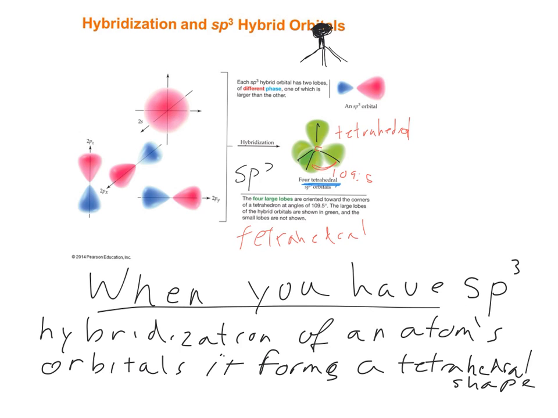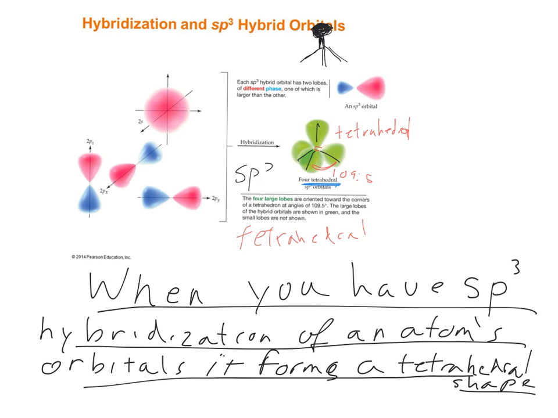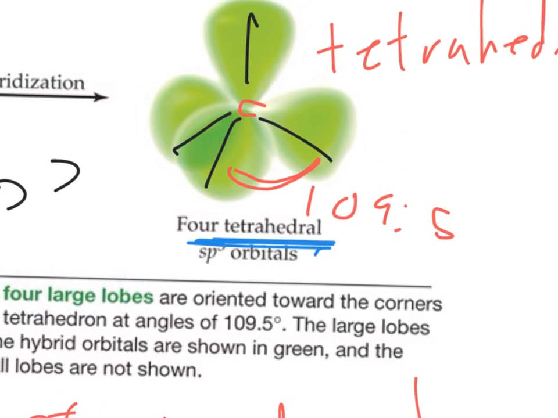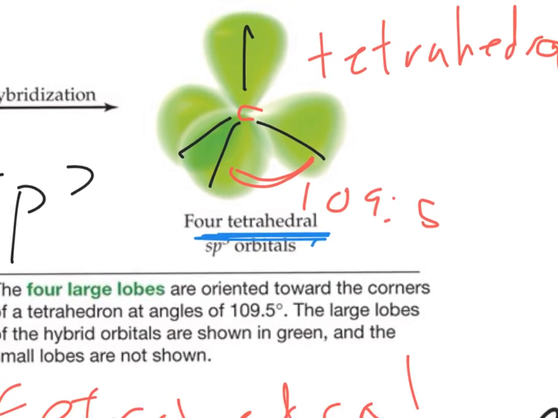Matter of fact, let me write that down. When you have sp3 hybridization of an atom's orbitals, it forms a tetrahedral shape. The angles of a tetrahedral are 109.5, and you're responsible for knowing that as well. What do I mean by angle? Right there, right? 109.5.